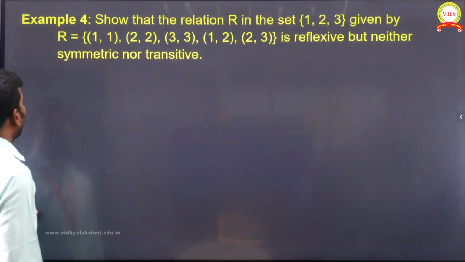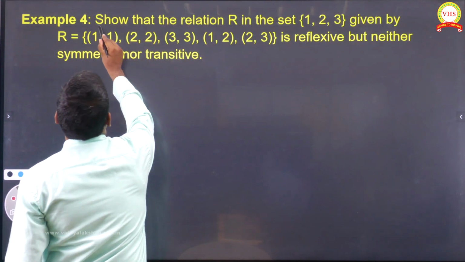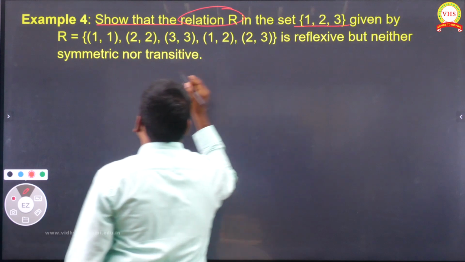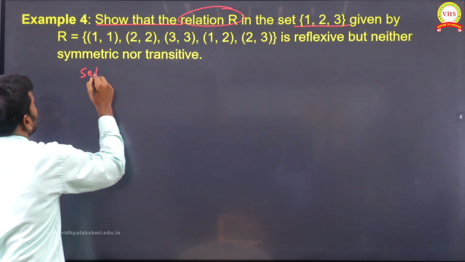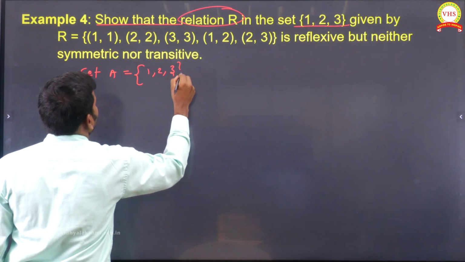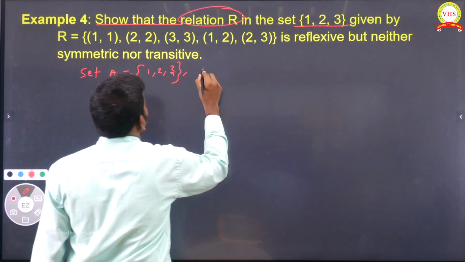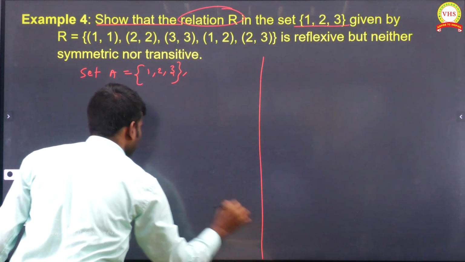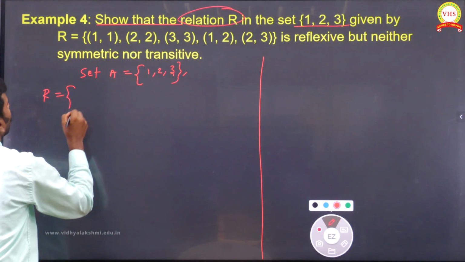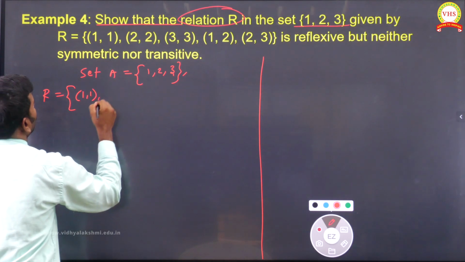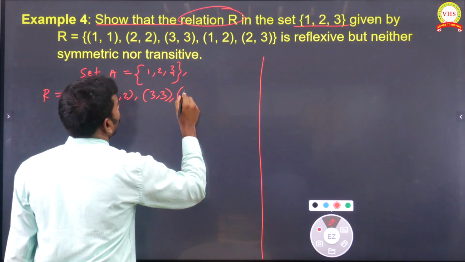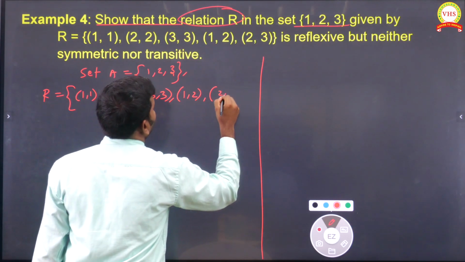Next, example number 4. Show that relation R, set A is given. Here, set A is given as 1, 2, 3. And R is given as 1 comma 1, 2 comma 2, 3 comma 3, 1 comma 2, 2 comma 3.